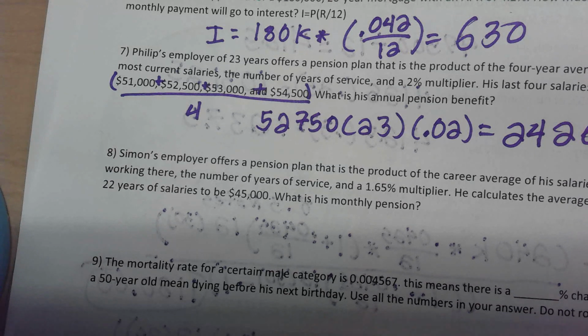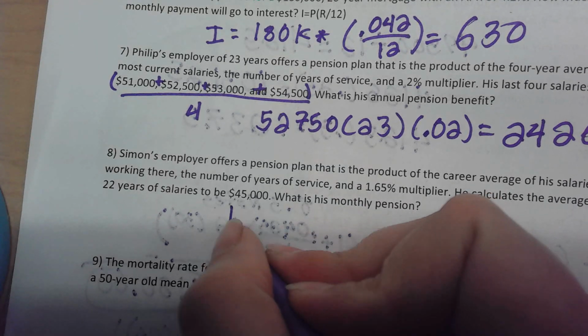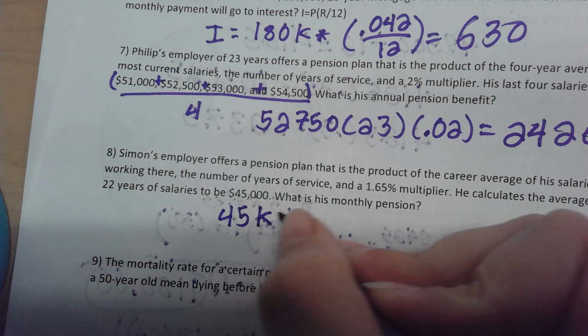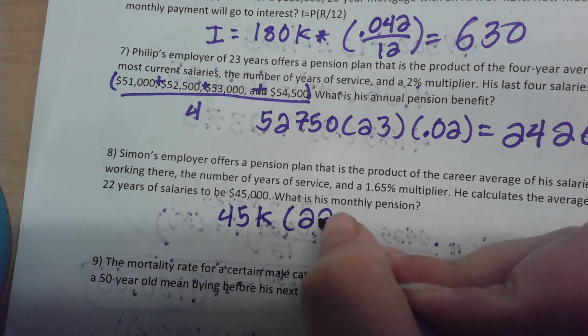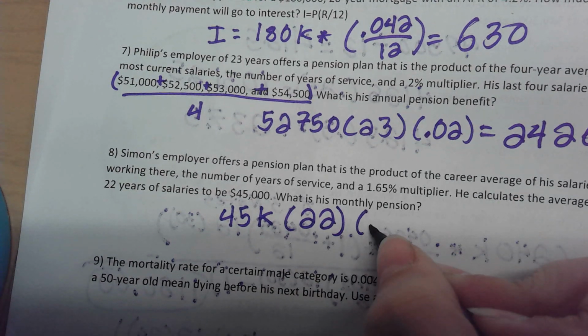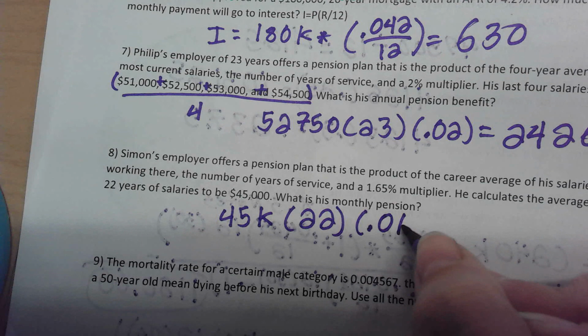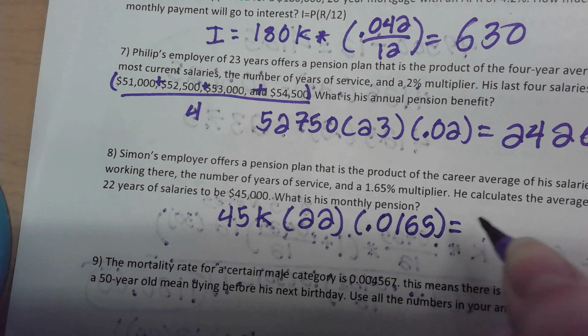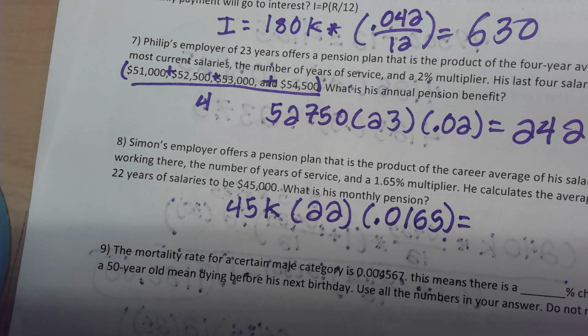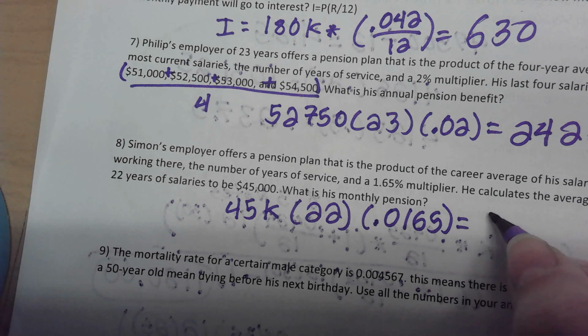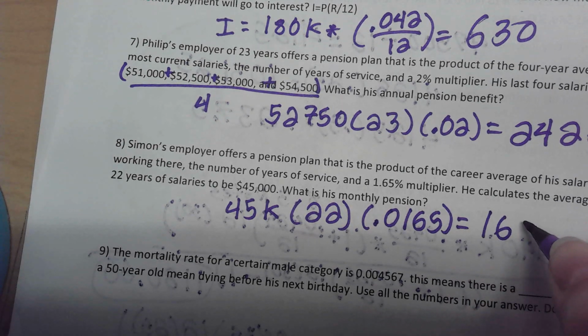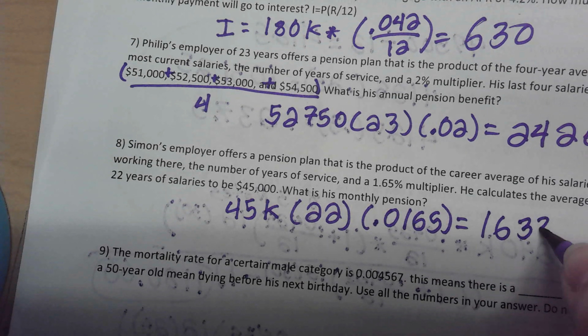They give you the career average of 45,000, so it's going to be 45,000 times 22 times the percent multiplier as a decimal. So remember, make sure you change it to a decimal. Okay, so I got 16,335.